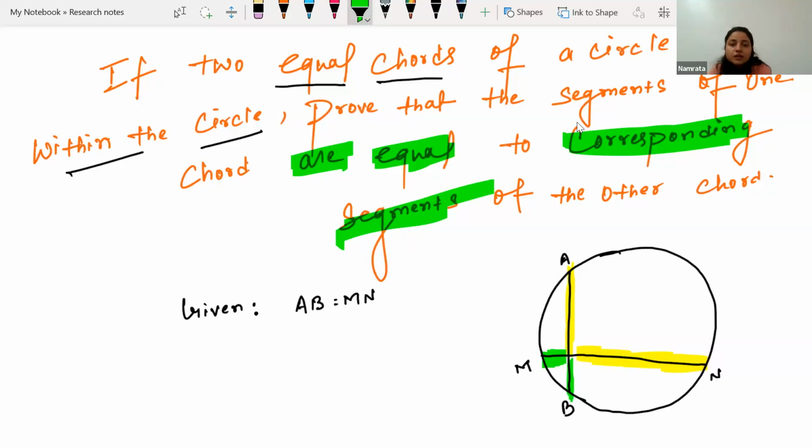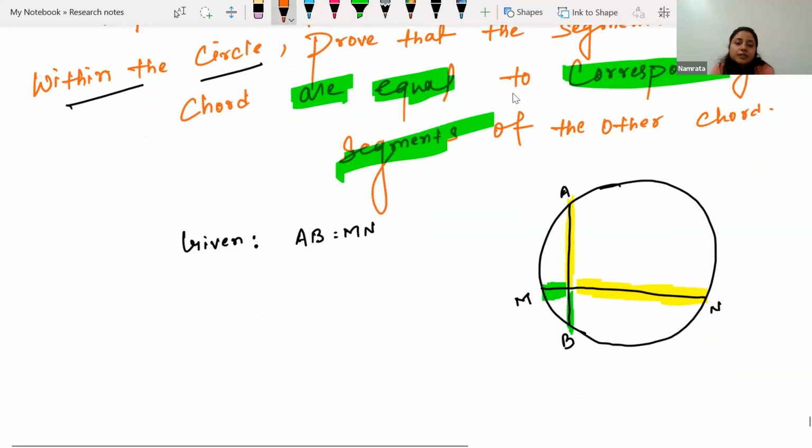Okay, let's do that. So we can do one construction over here. Before that, we can do one thing over here. It is given that AB is equal to MN. Let's say this is the point T. Point of intersection is point T. Here we have the center O. Now let's see what we can do.